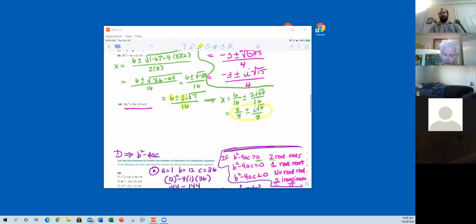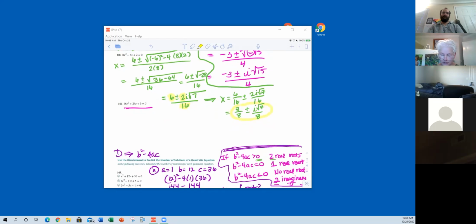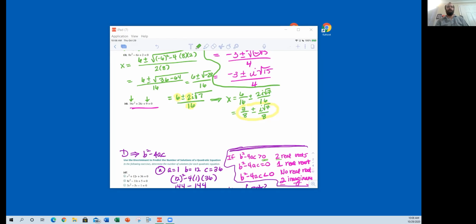What about 141? Did any of the groups do 141? I just want to talk about 141 just for fun. If you look at 141, you see that the first term is a perfect square and the last term is also a perfect square. So probably this one would be easier just to factor because it looks like a perfect square trinomial.